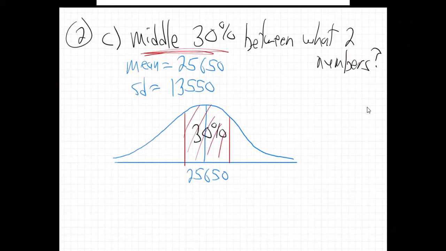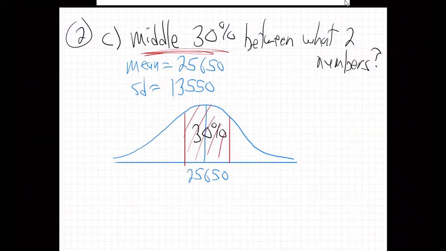Are you with me so far? That's the middle 30%, right? So the picture is absolutely essential. Don't try to do this without drawing the picture. You need the picture.